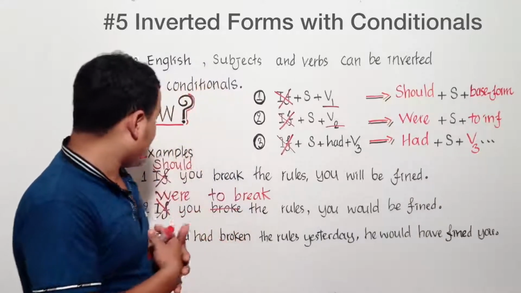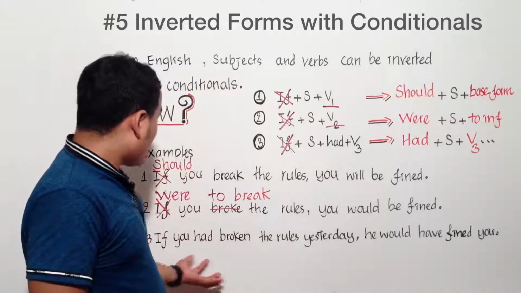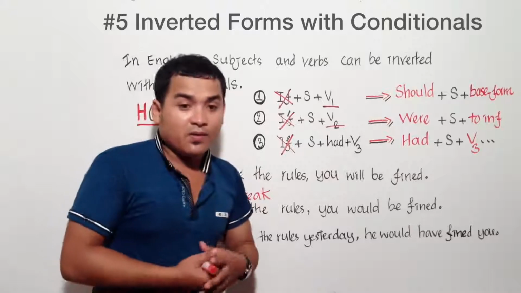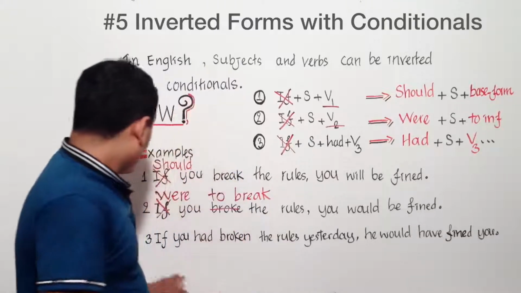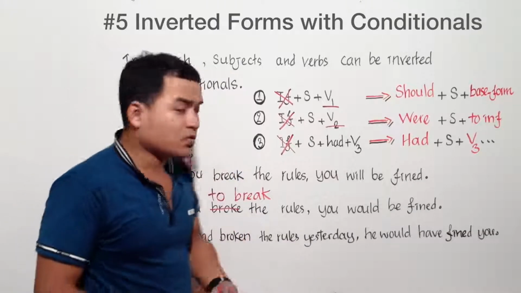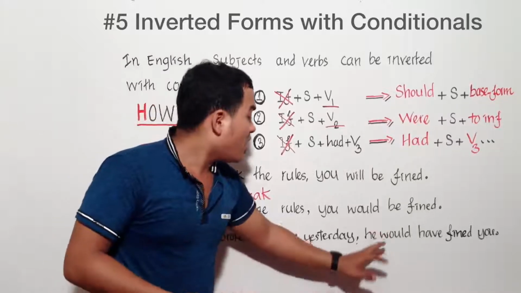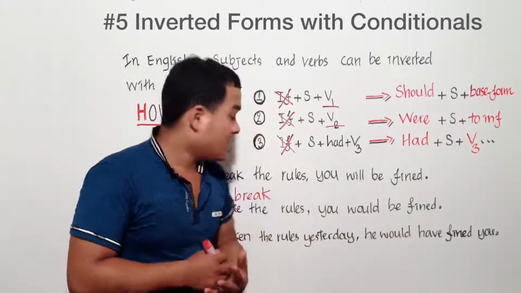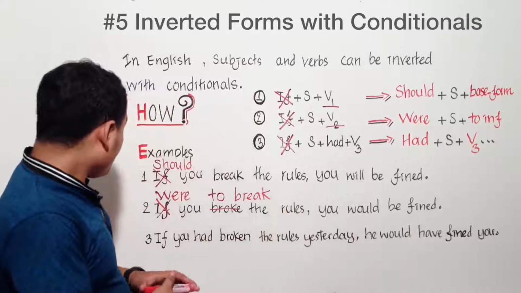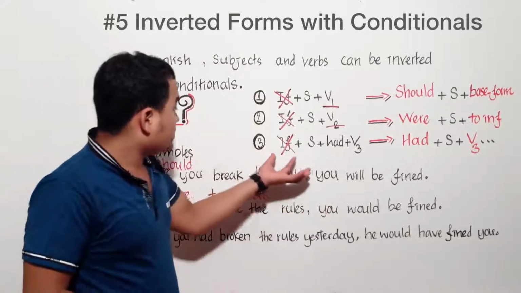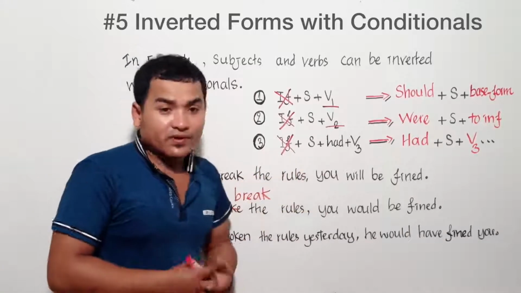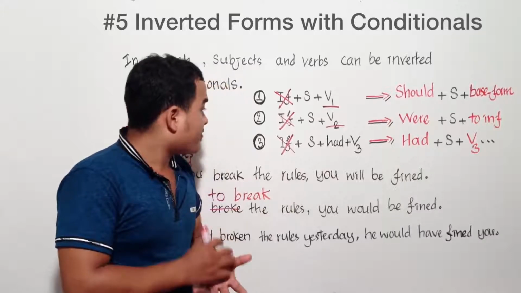And here we come to the end of the examples, or the last example. If you had broken the rules yesterday, he would have fined you. Alright, so if you want to invert the third condition, it's quite simple.